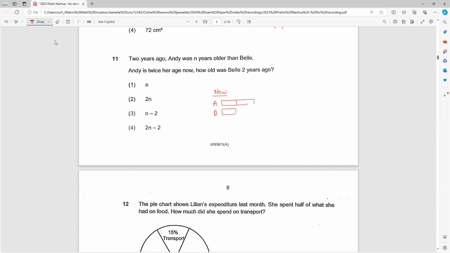So like I said, the difference will never change. The difference is always n years. So this is actually n. And since it's twice, right, all of these units are equal. So all these are n. So right now, Belle is n years old. How old was she 2 years ago? We have to minus 2. So answer n minus 2.